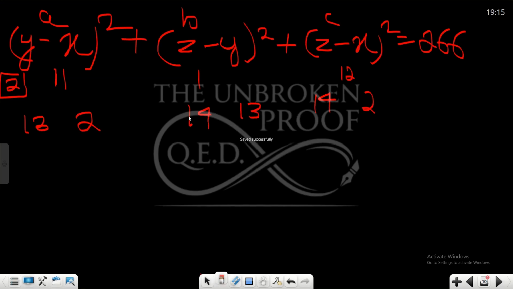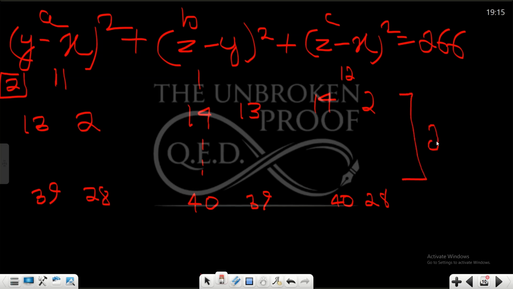And if you see clearly, z is again maximum, so you can take z till 40, then this will be 39, and here also 39, and here it is going to be 28, this will be 28, and here it will be 40, this will give you 12, this will give you 11, this will give you 1. So the number of cases is 27. Why?